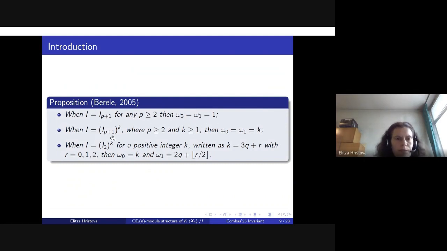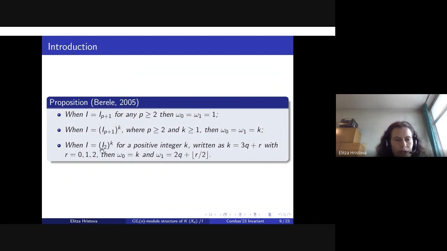And if we take powers of such ideals, kth power, for example, for any k, then this leg width and arm width are equal both to k. And so this was for ideals that are generated by commutators of length at least 3.